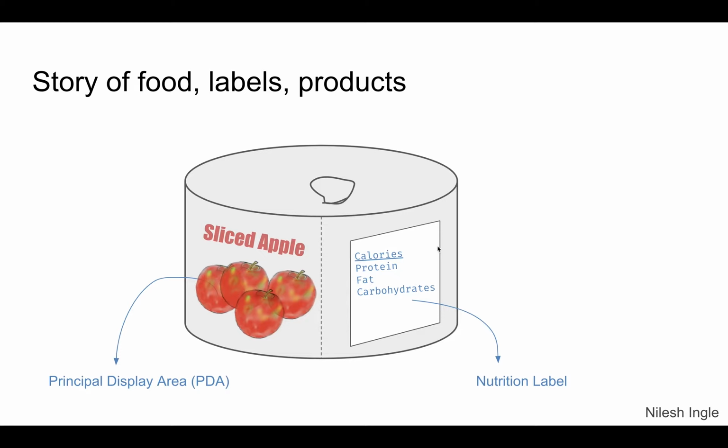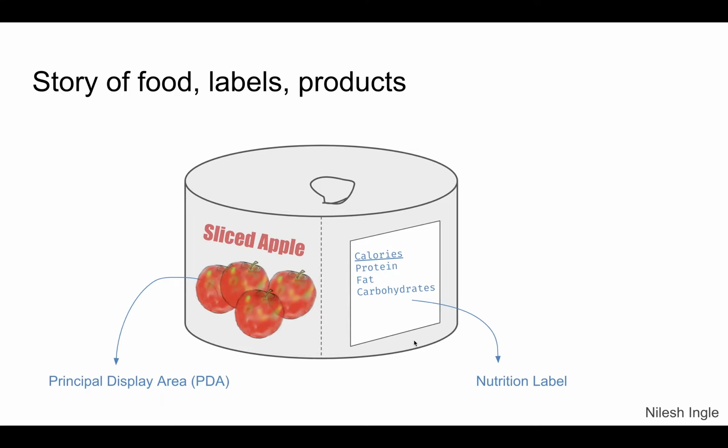And then next to it is the information, which is the nutrition information or serving, that has information such as grams of fat, grams of protein, carbohydrates, vitamins, etc. And it also has the serving size and the manufacturer's name, etc., below it. So that is the nutrition label.